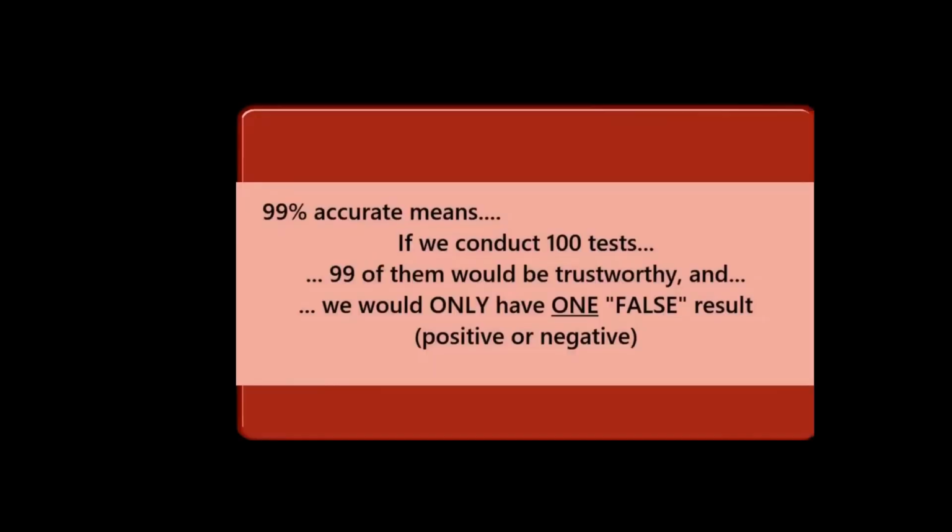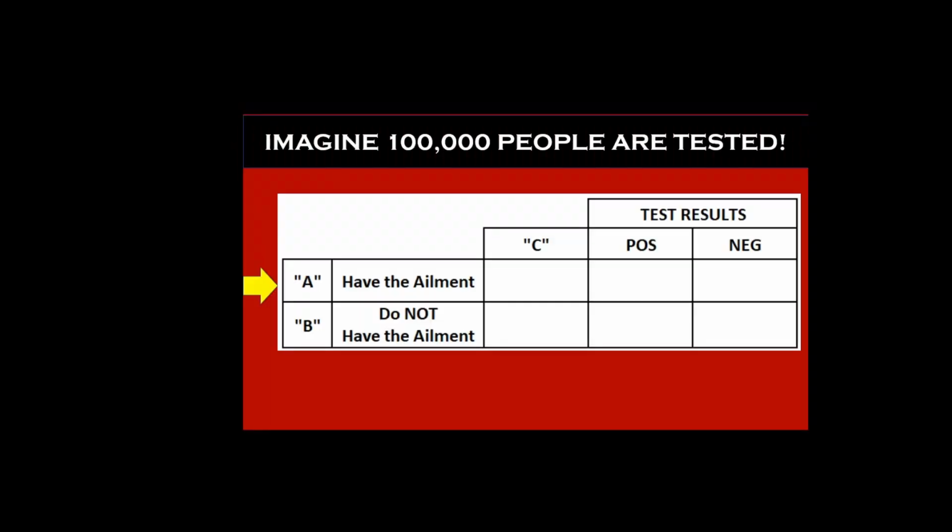Now 99% accurate means if we conduct 100 tests, 99 of the results would be trustworthy and we would only have 1 false result, positive or negative. So imagine 100,000 people are tested and we create a table. Row A is for those who have the ailments and row B is for those who do not have the ailments.